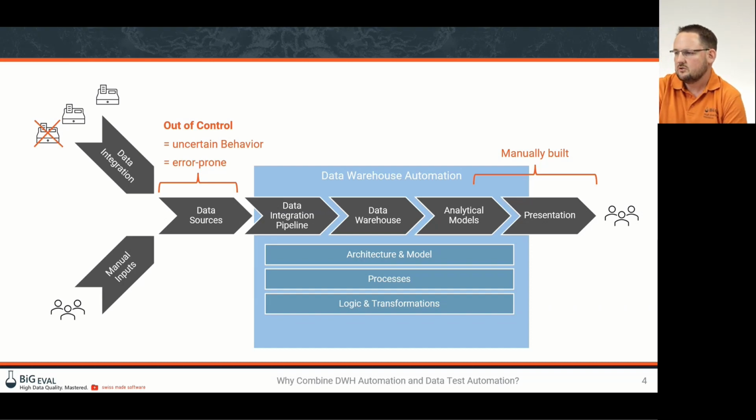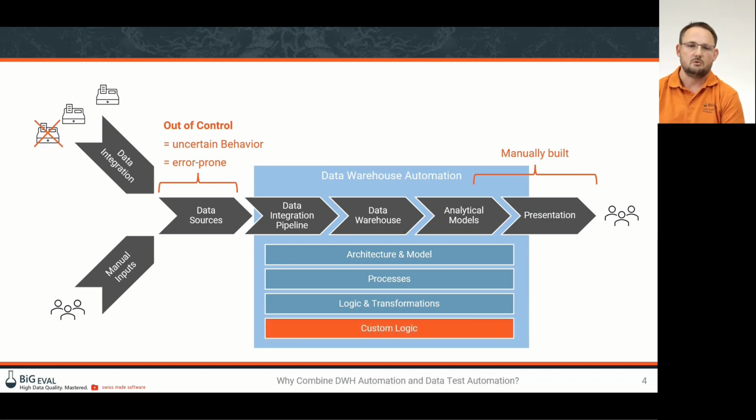Also in data warehouse automation, there are parts that are built by humans, maybe custom logic you integrate. As an example, you accidentally use an outer join instead of an inner join. This could lead to a problem at the end. So there are many touch points that could impact the quality of your data at the end.